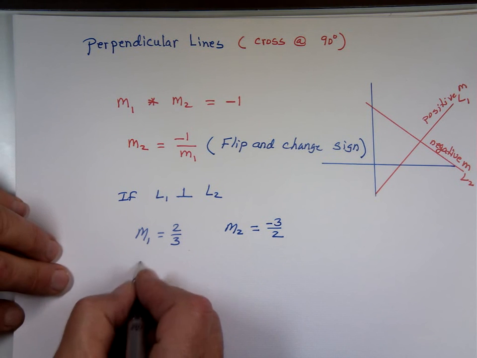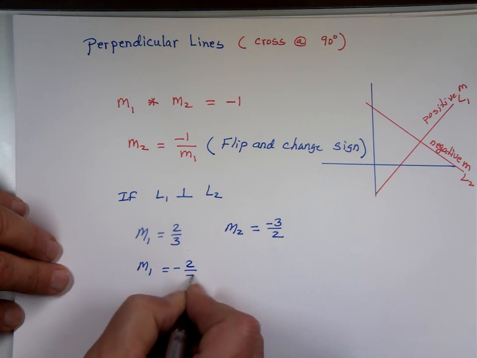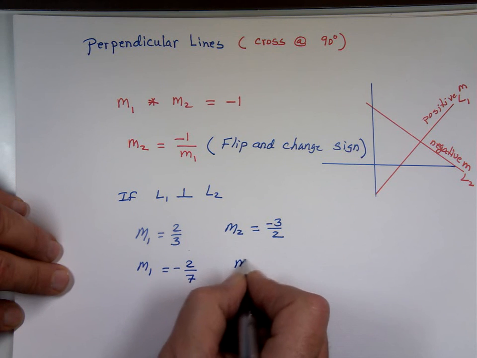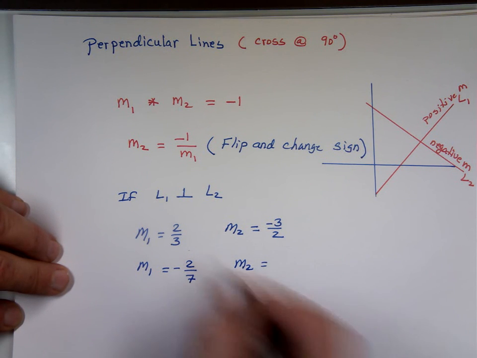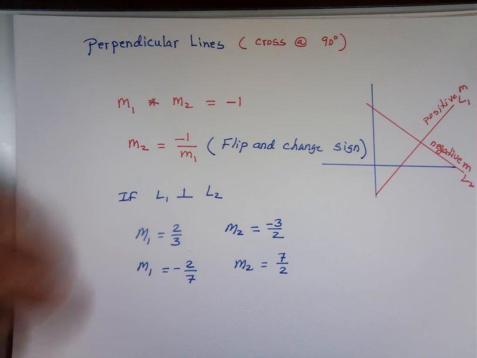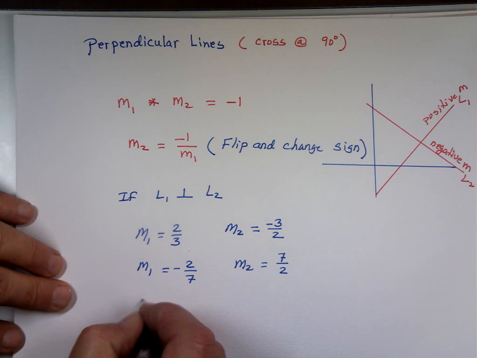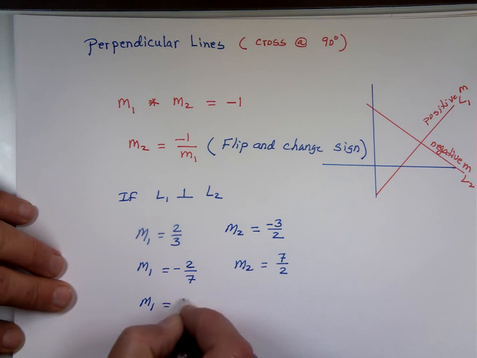If line 1 has a slope of negative 2/7, line 2 will have a slope of what? Switch or flip and change the sign. 7/2. If line 1 has a slope of 7, that's 7/1.